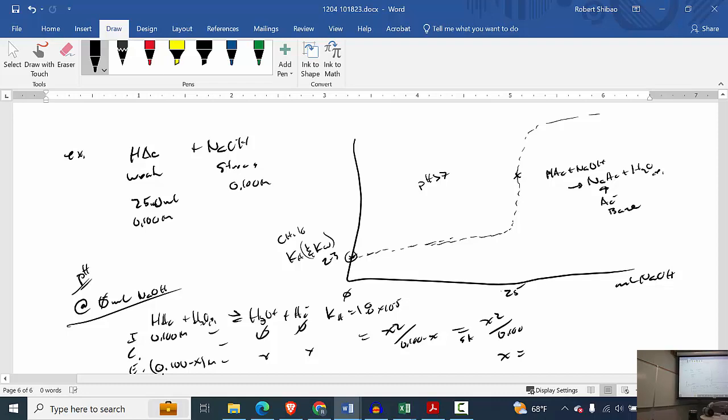So we take 1.8 times 10 to the minus 5 times 0.1, and then take the square root of that answer. That gives 1.34 times 10 to the minus 3, since we're only allowed 2 sig figs.